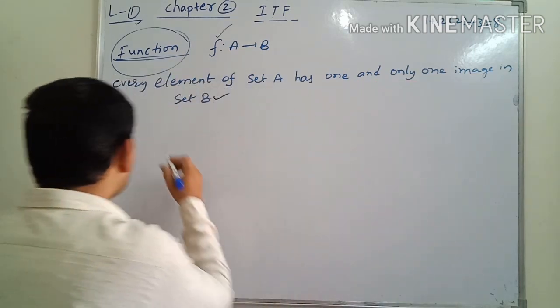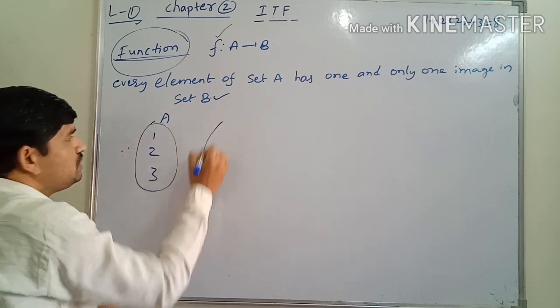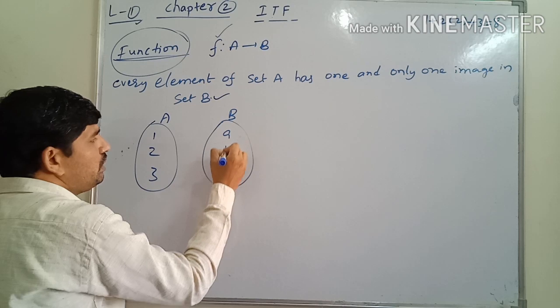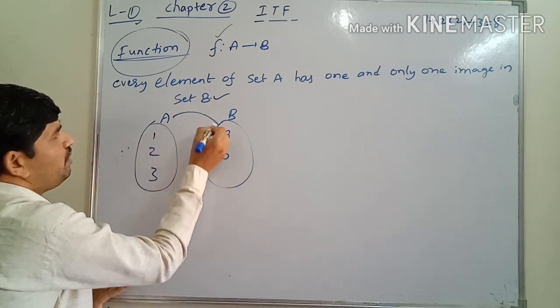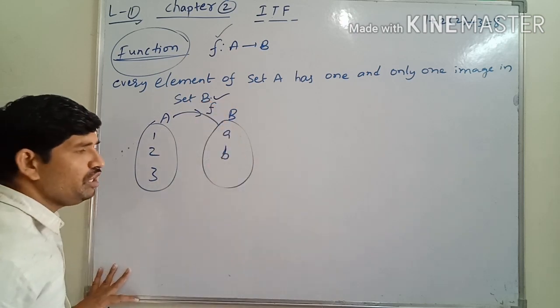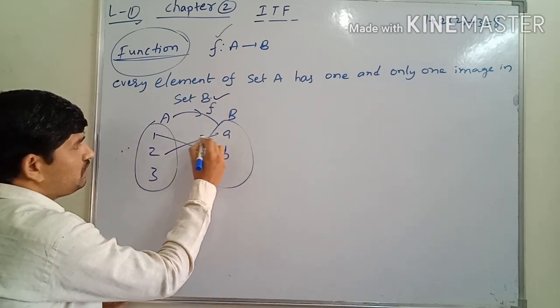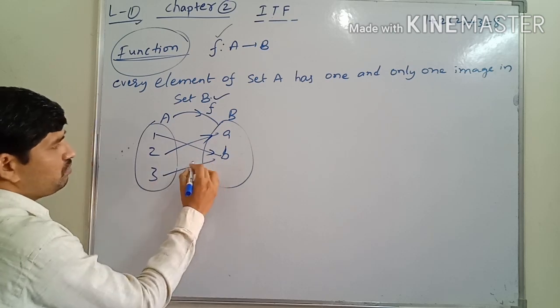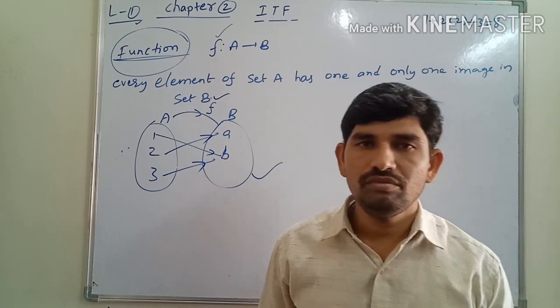Every element of set A has one and only one image in set B. Let me take an example to explain this. 1, 2, 3 are elements in set A, and set B contains the elements A and B. The function is mapping from A to B: 1 is mapped with B, 2 with A, and 3 with B. See whether it is a function or not.